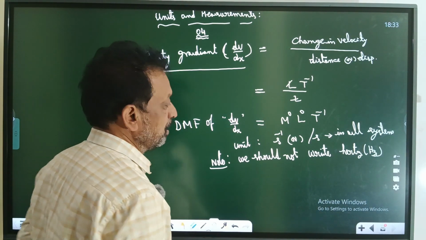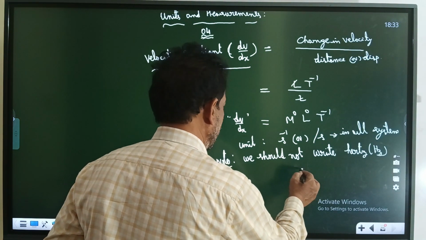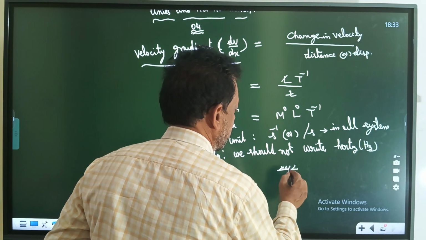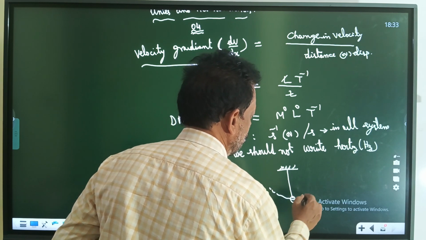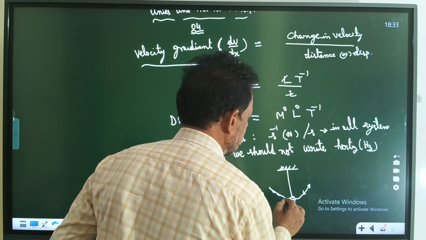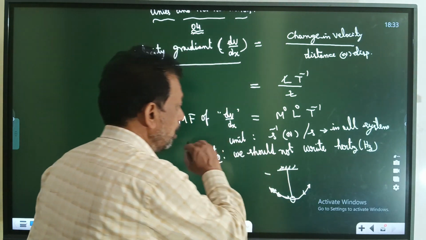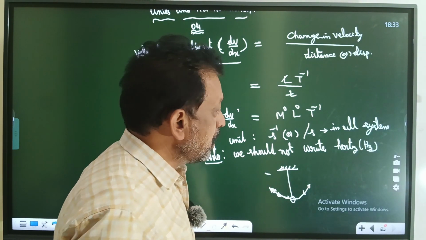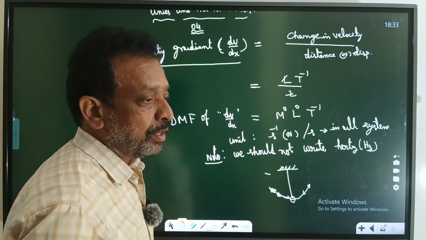Whereas in the case of frequency, or oscillation, the body is always moving to and fro, always coming to the mean position, like this pendulum. But in the case of velocity, the particle never comes back to the mean position.